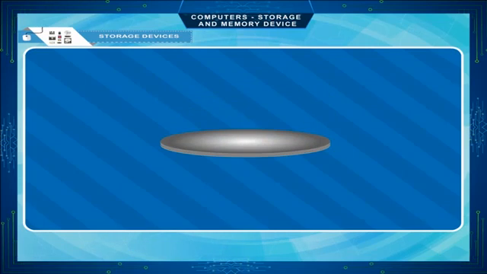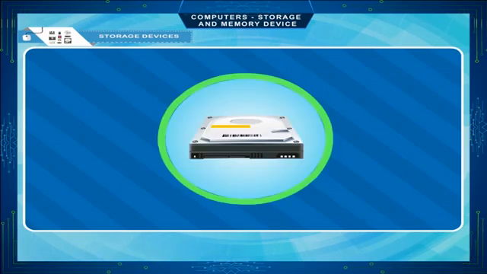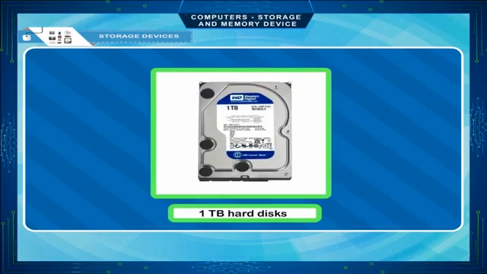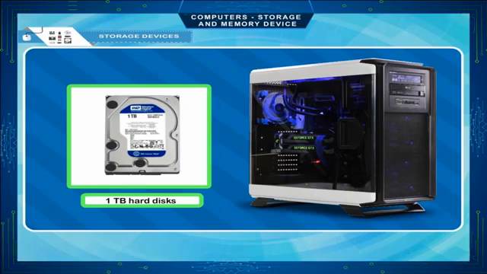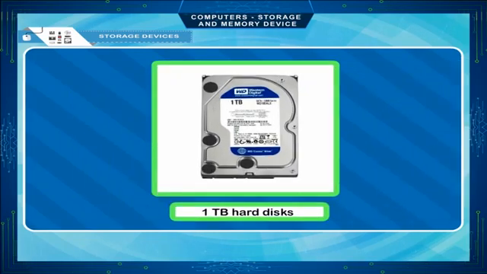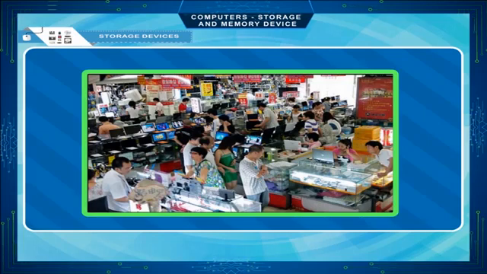It is made up of multiple disks which can store data on both the sides. 1 TB hard disks are commonly used in PCs nowadays. The hard disk acts as the main storage device. These days, external hard disks are also available in the market to transfer bulk amount of data.